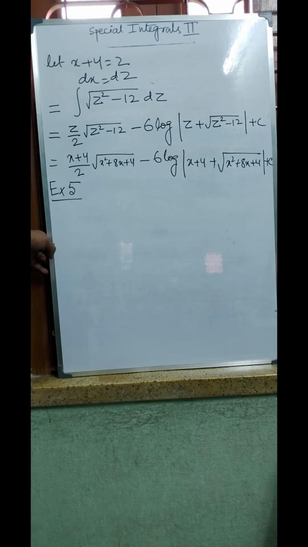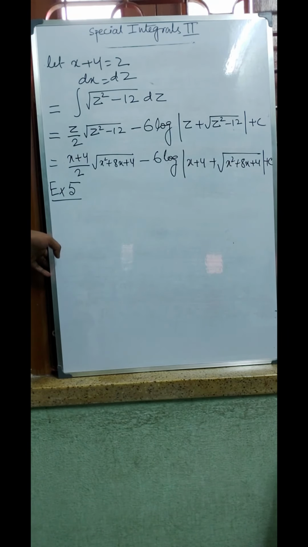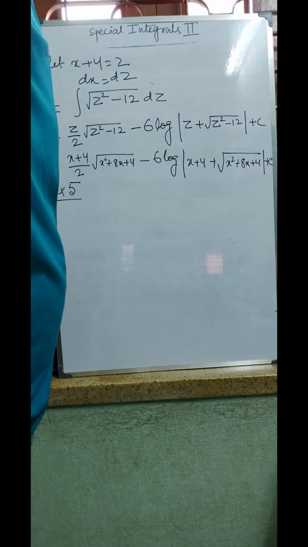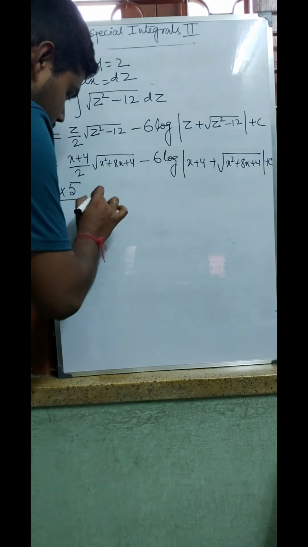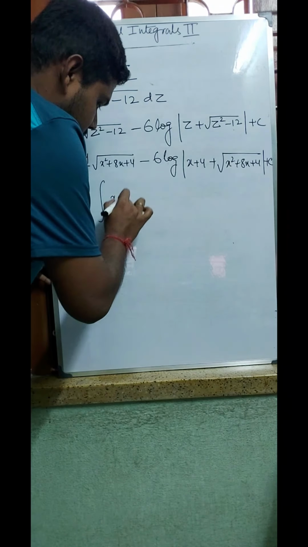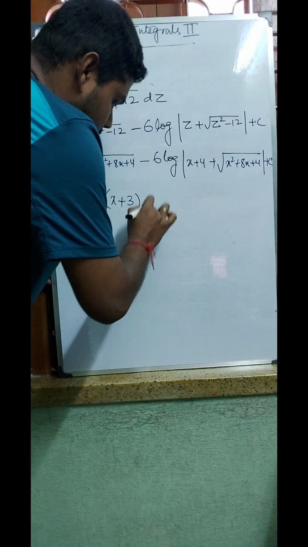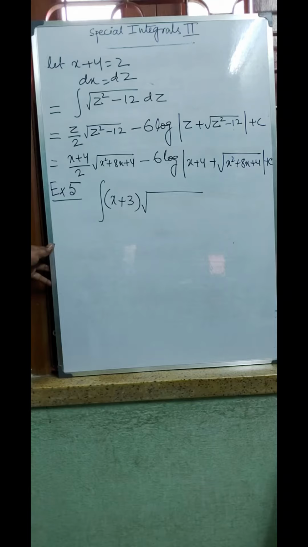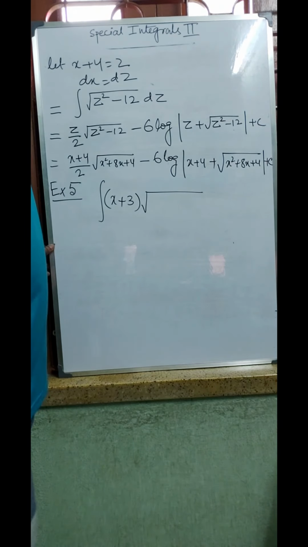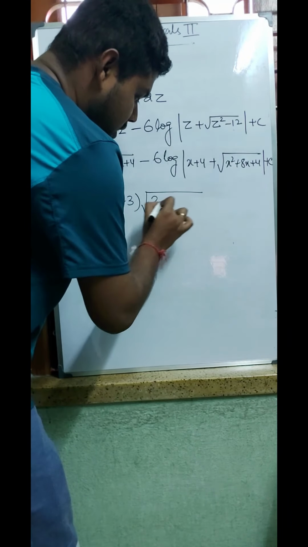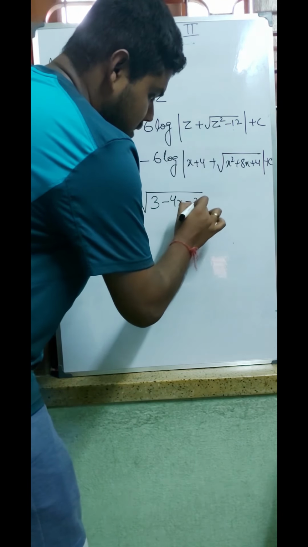The last one, that is integration x plus 3 under root 3 minus 4x minus x square. 3 minus 4x minus x square.